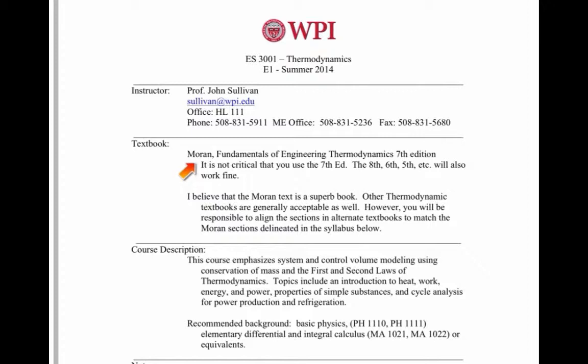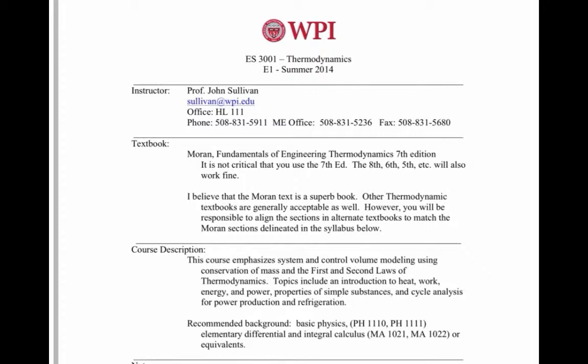Note that I'm not requiring a textbook. However, the Moran textbook, The Fundamentals of Engineering, is a superb textbook. If you are going to deal with anything in thermodynamics, you would do very well by picking this book up. I do not need to see the 7th edition. The homeworks that I post, and I will post them today, I will provide the problem number from the book, but I will also provide the actual problem statement as well.